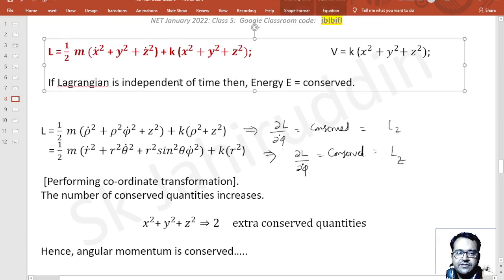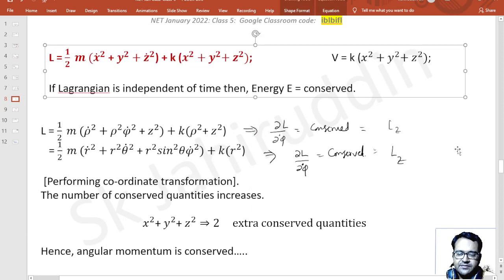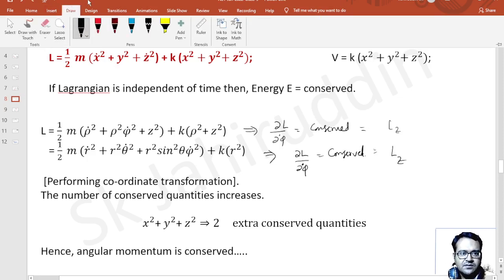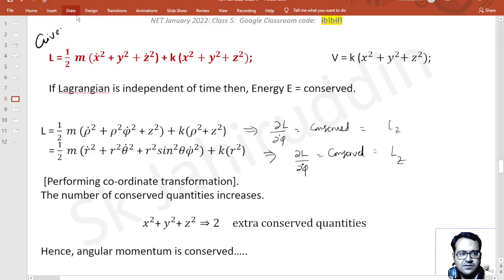So you are given a Lagrangian, and this is the potential. The Lagrangian is independent of time, so energy is conserved.